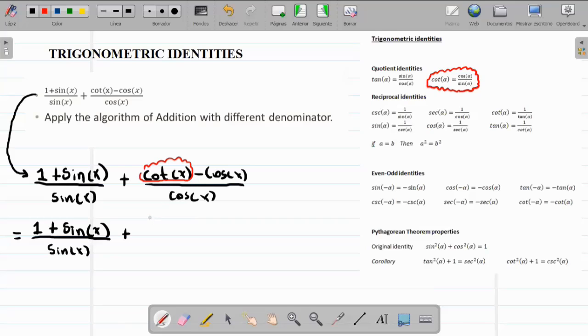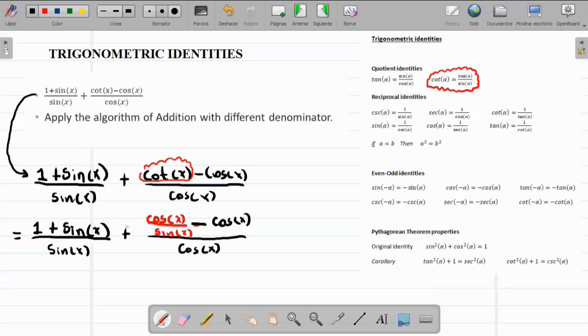So cotangent is cosine of an angle over sine of an angle, and the rest of the expression we have, which is minus cosine of the angle, all that divided by cosine of the angle. So here you will see that many curious and interesting things will happen.